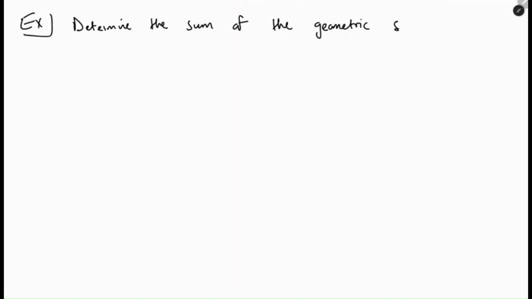Hello everyone, in this video we're going to do another worked example on geometric series. The question says, determine the sum of the geometric series which looks like this: 54 plus 18 plus 6 all the way to the term 2 over 81.